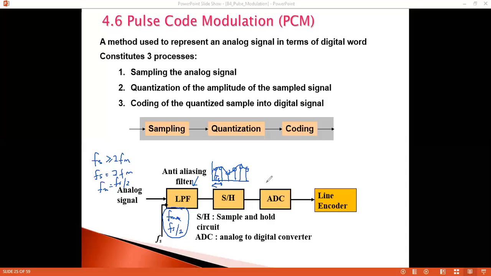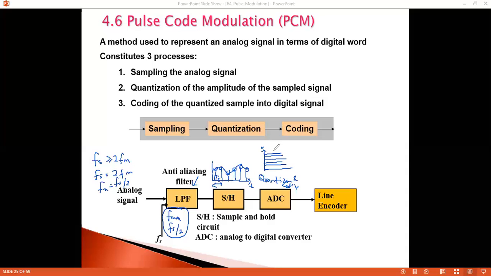Analog to digital conversion is where we have our quantization and coding. All the samples will be taken at specific time intervals. And here in quantization, we'll have finite levels. We define levels, so from continuous it becomes discrete voltage. Over here is discrete time; for quantization, we change to discrete voltage.